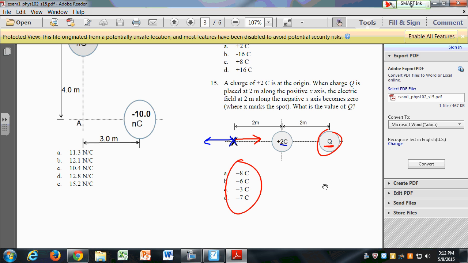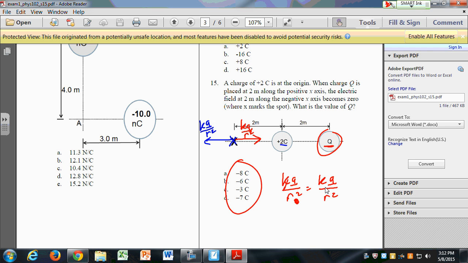But they're all negative. So now what I want to do is I'll say KQ over R squared here, and KQ over R squared here. Those two have to be equal. They're opposite, but they also have to be equal. So I just say KQ over R squared equal to KQ over R squared.